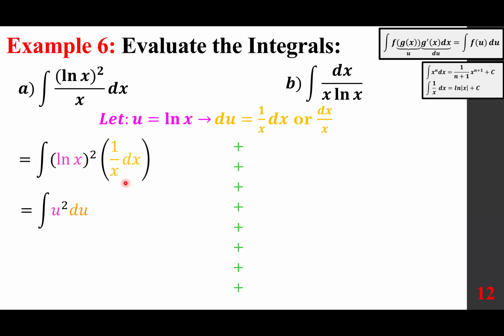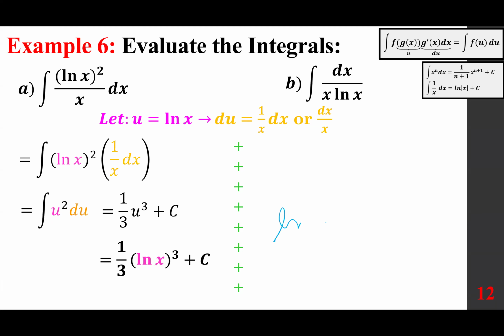Power rule tells us this is 1/3 u cubed plus a constant. Replacing it with ln x, we get 1/3 ln of x to the power of 3. Please understand this is ln x times ln x 3 times.